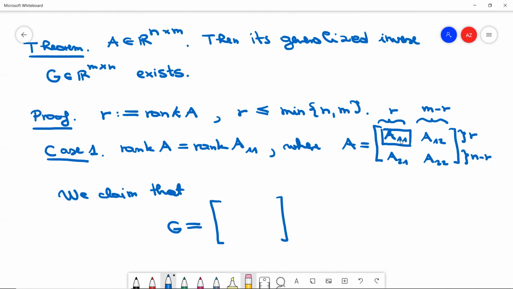So we expect that here we have A11 inverse, so the usual inverse. And what about the other three entries? What would be the easiest guess?